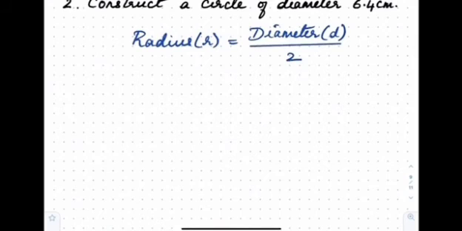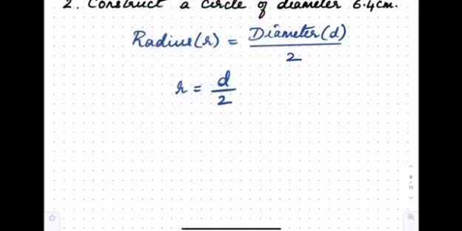Children, you need to write this formula for every calculation till you are confident of remembering this every time you get these kind of problems. But it's always preferred to write the formula first and then calculate. So R is equal to D by 2.